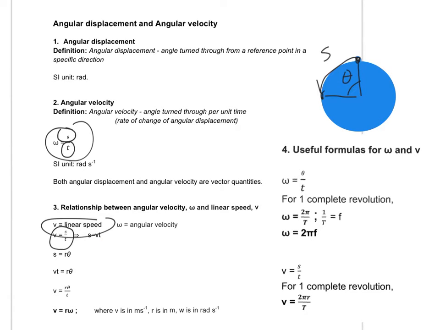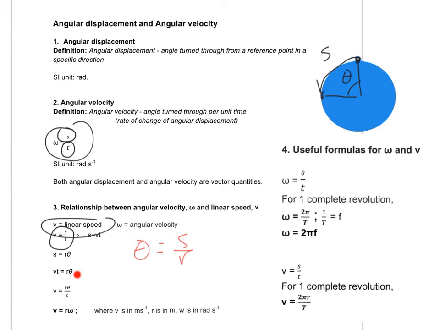Also remember from the previous slide that theta equals s over r, so s equals r theta. That is the second equation. If we equate these two, because s equals vt and s equals r theta, then vt equals r theta, correct?